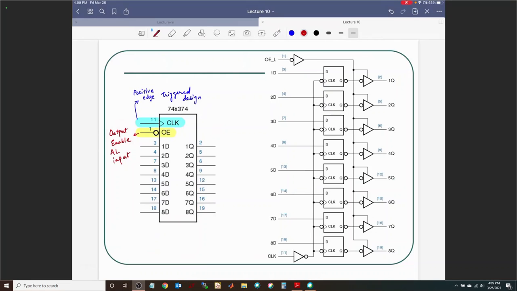And then we have a bunch of inputs that you could use to load things in parallel into your 8-bit register, right? So let me write the title over here. This should be an 8-bit register with output enable.